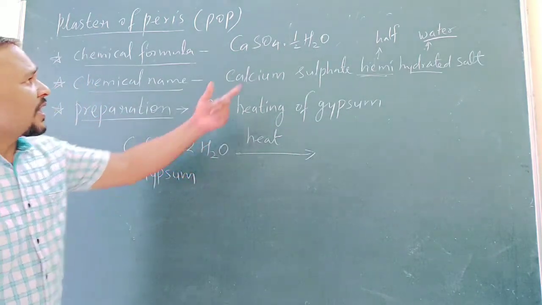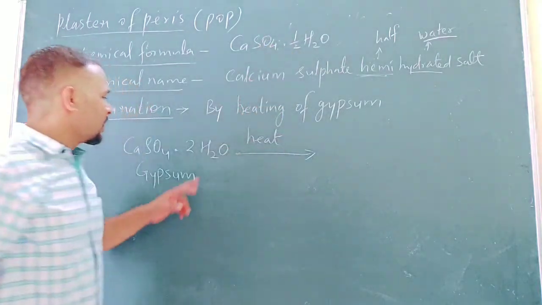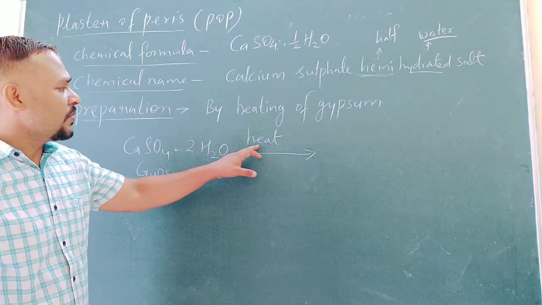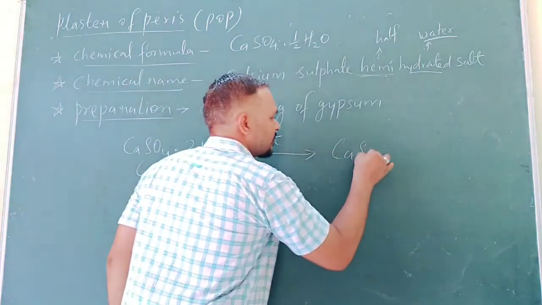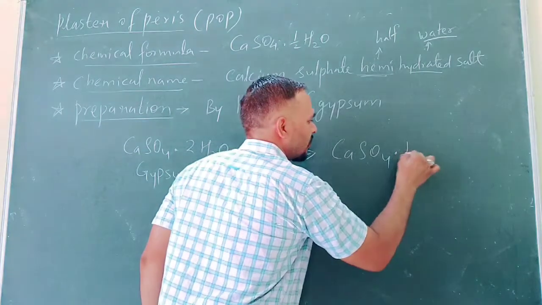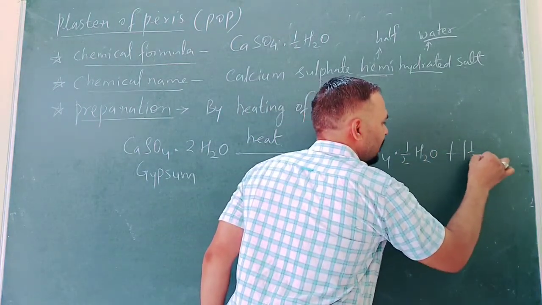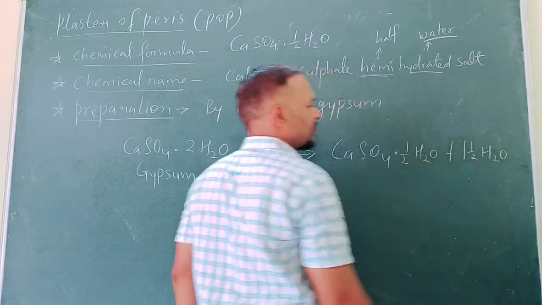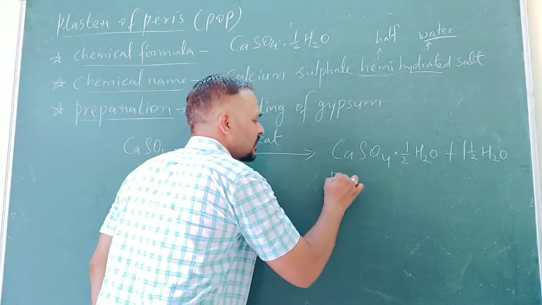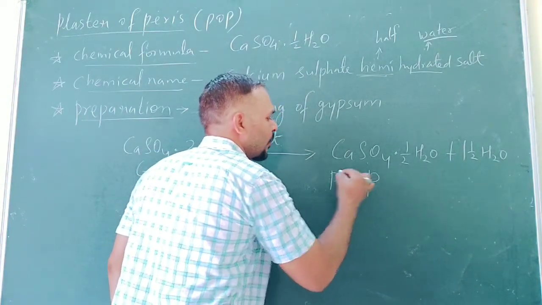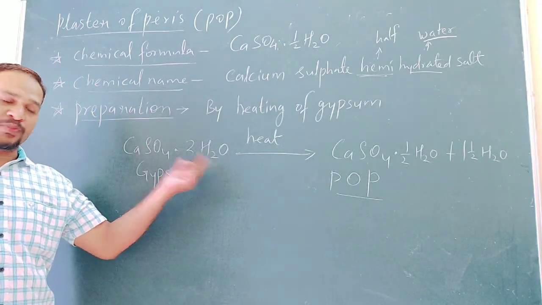Now we need half H2O, so we have to heat it up. When we heat up, we get calcium sulfate dot half H2O plus 1.5 H2O removed. And we get plaster of Paris by heating of gypsum.